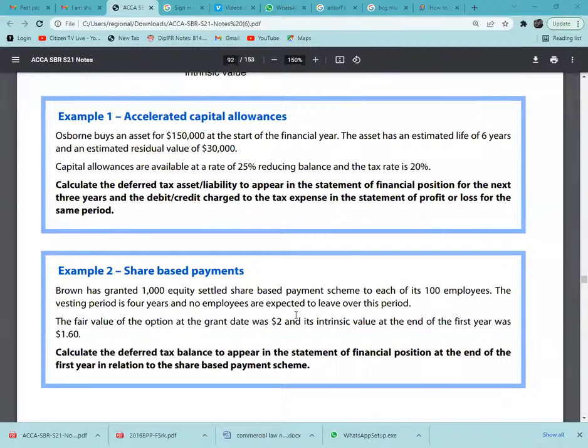Sasa tena hawazungumzi at all. Sasa inakuwa international disaster. Inakuwa ni abracadabra.